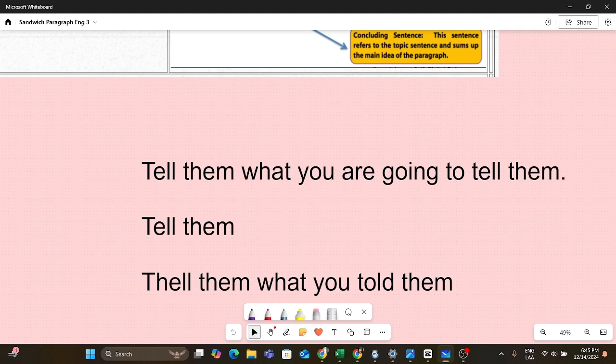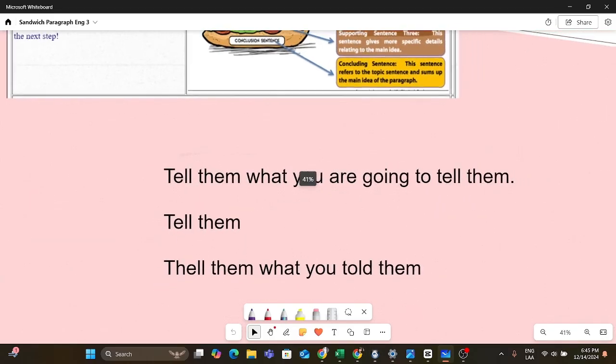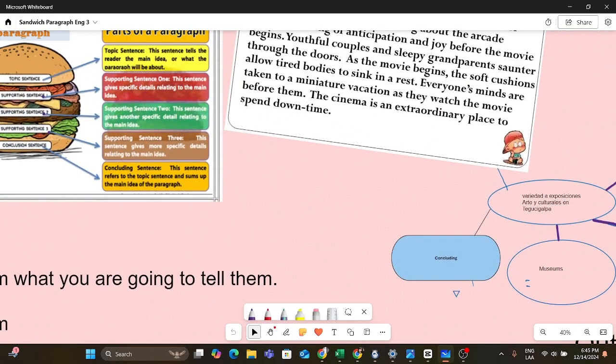In the body, which is the supporting ideas in this case, we give the information they need. And in the concluding sentence, we tell them what we told them already. So we are not going to have new ideas here. This one is going to support the first one. In other words, it is a summary.